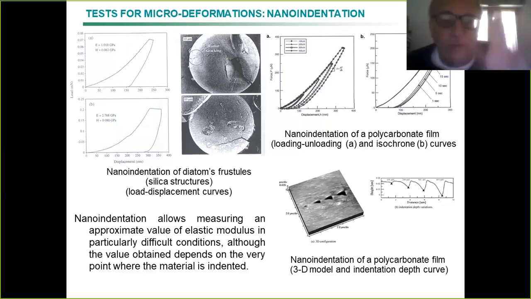We are talking about nanometers. And you can do nano indentation. Nano indentation is not very different from hardness because you always push with a tip and you create a kind of fracture.